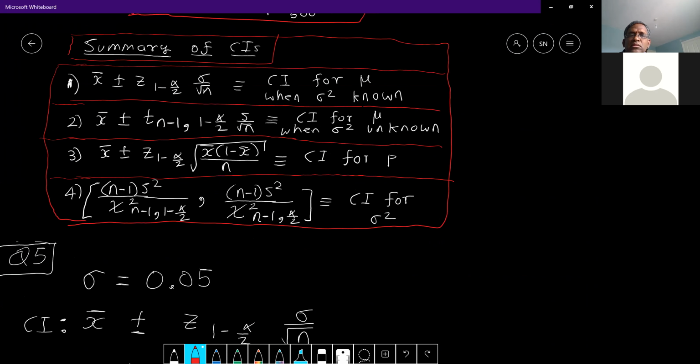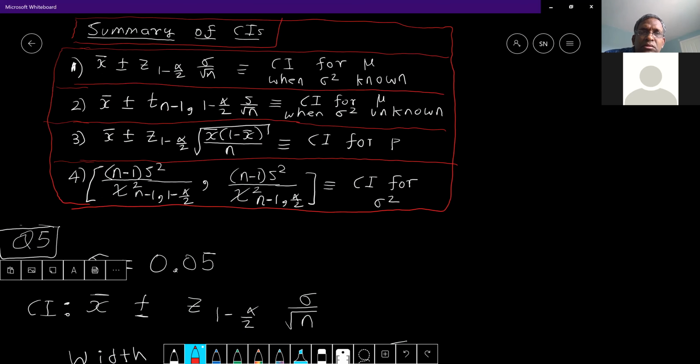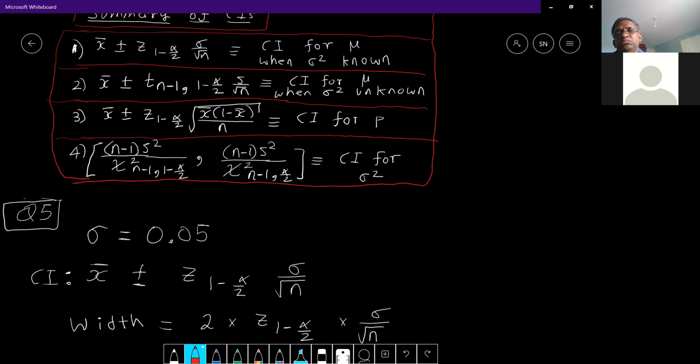You must have a copy of them in the printed notes or the scan notes. So please have a look at them. You don't need to know their derivations, but you will need to know how to apply them.